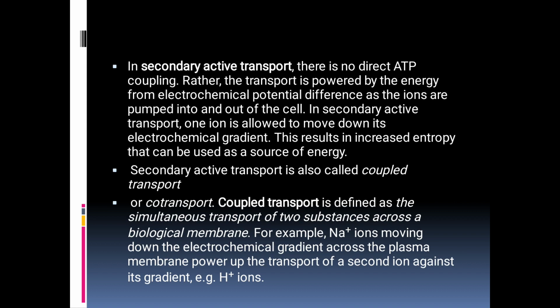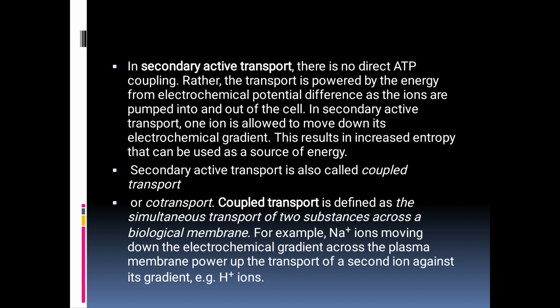In secondary active transport, ATP is not used. Instead, the electrochemical potential difference is used to pump the ions into the cell. It is also called coupled transport or co-transport. An example of secondary active transport is sodium ions.